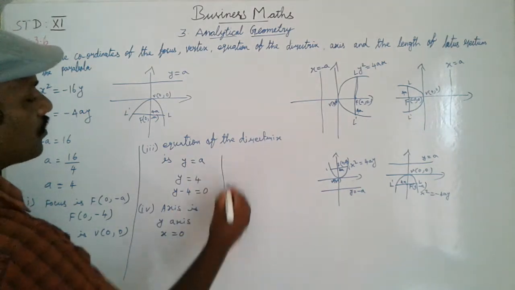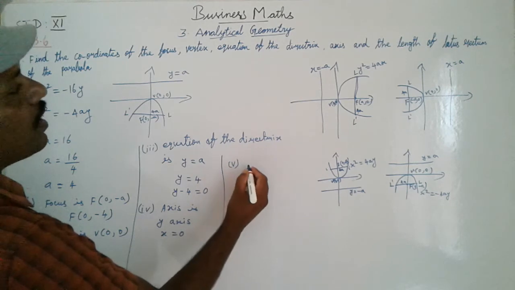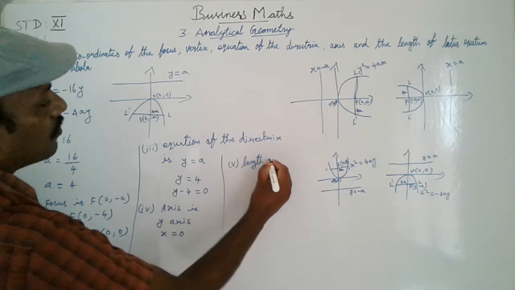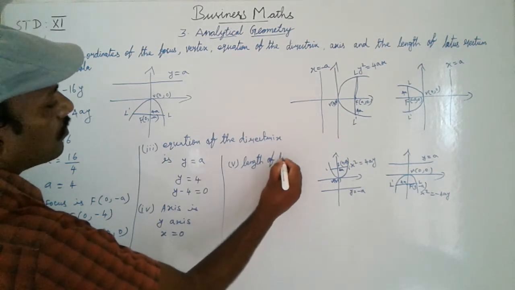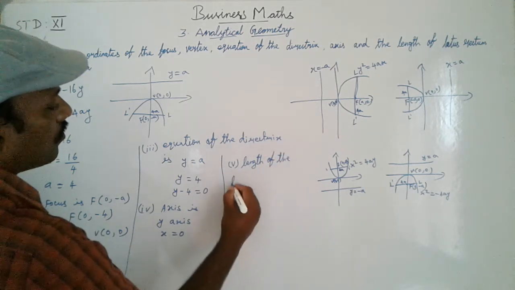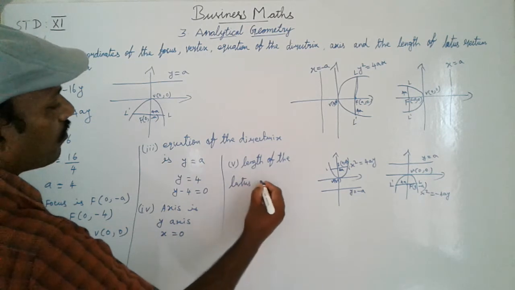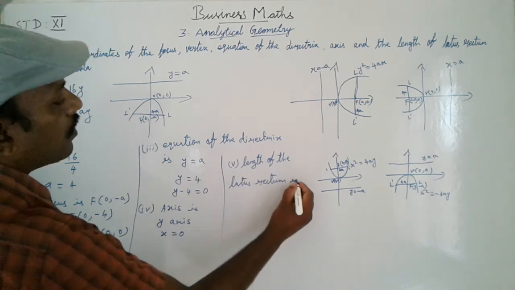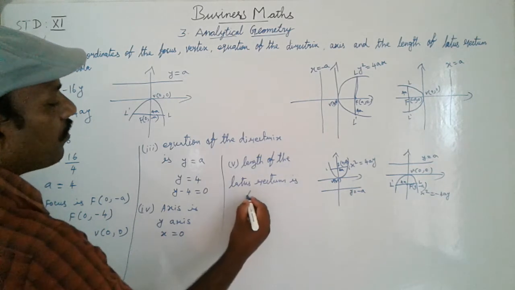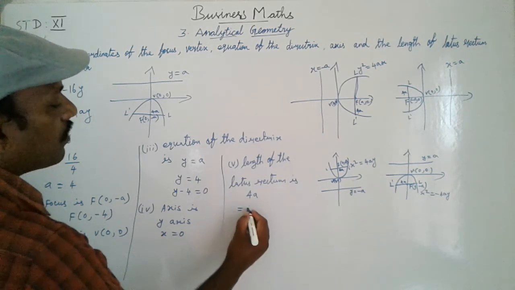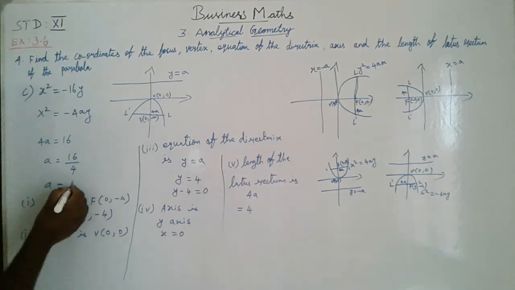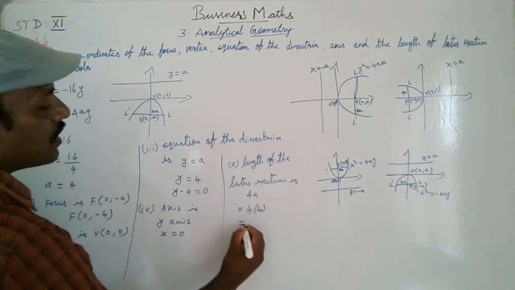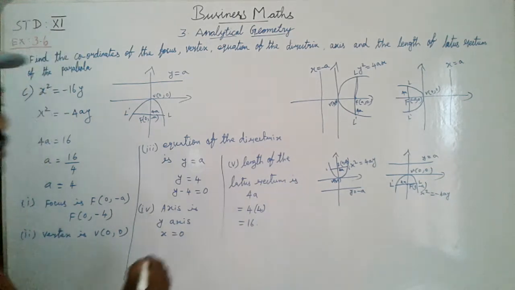Fifth, the length of the latus rectum is 4a. It is equal to 4 into the a value 4. 4 fours are 16. That's all.